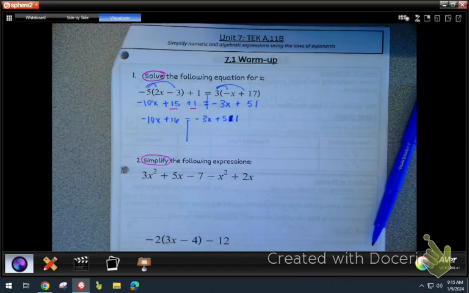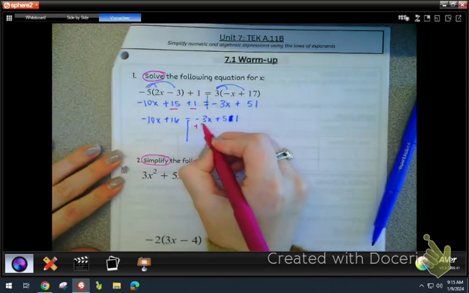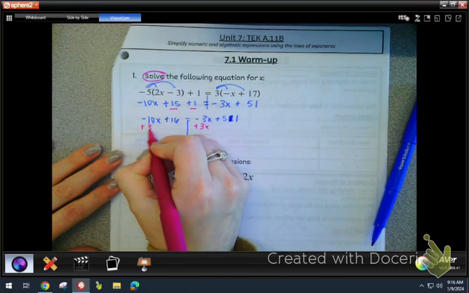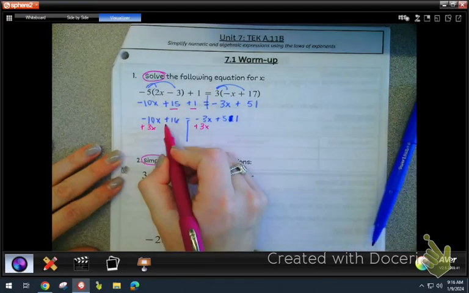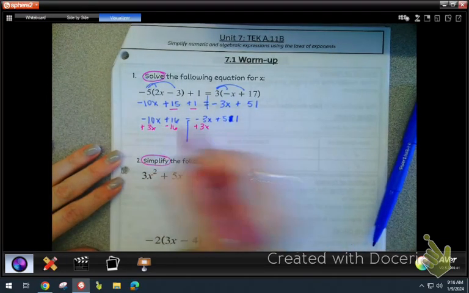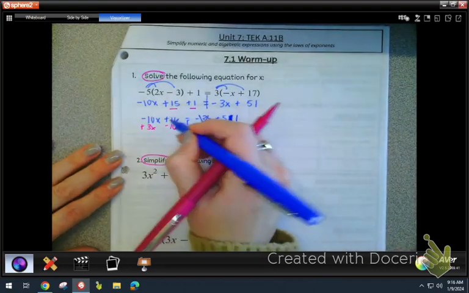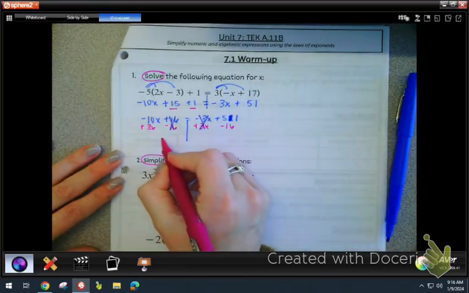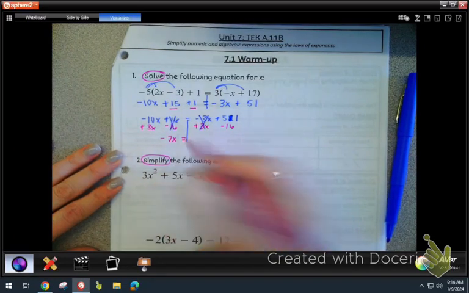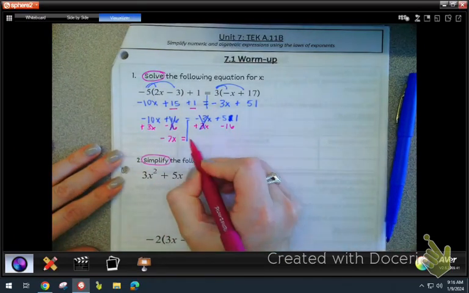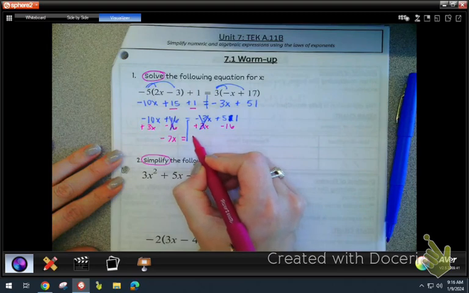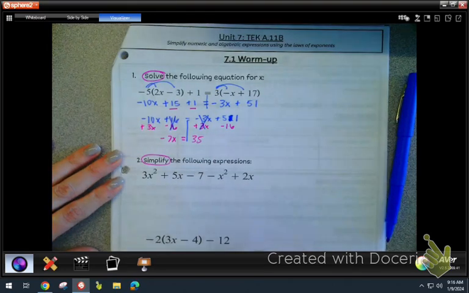So I'm going to move this 3x over by adding. I'm going to move this 16 over here by subtracting. I'm doing two things in one step. That's okay. And those will go away. And I get negative 7x equals, what is that, 51 minus 16? 35, thank you. And then I divide.